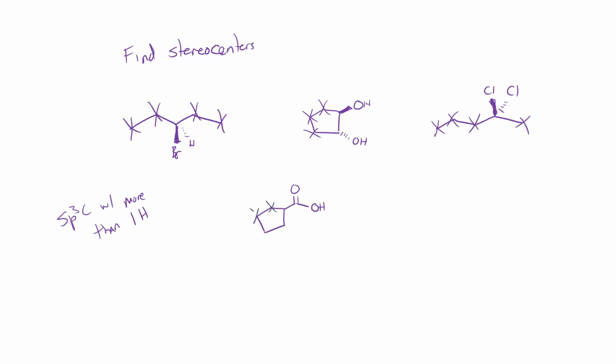So you can see pretty quickly that we can identify where these types of stereocenters are likely to exist. They're not going to be at positions that are CH3s. They're not going to be at positions that are CH2s.